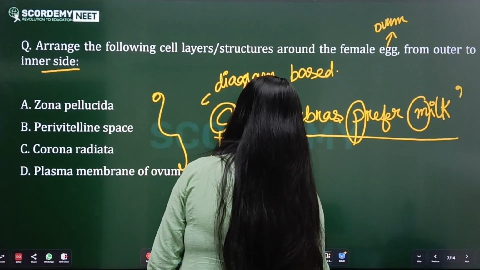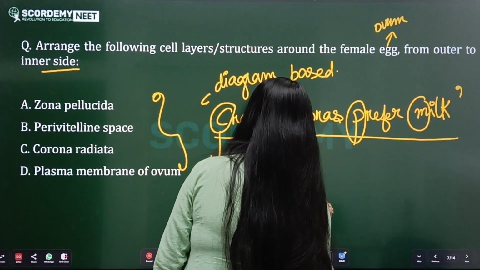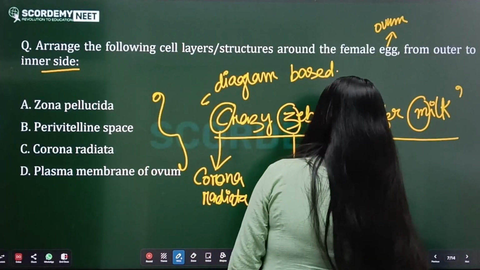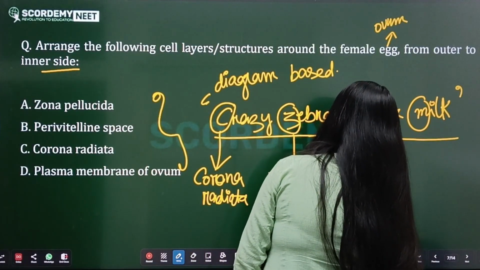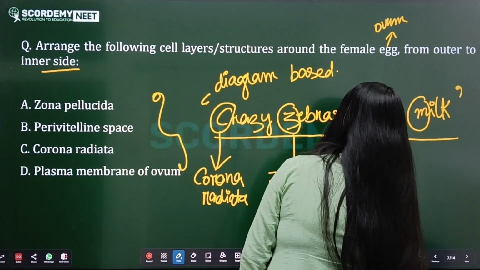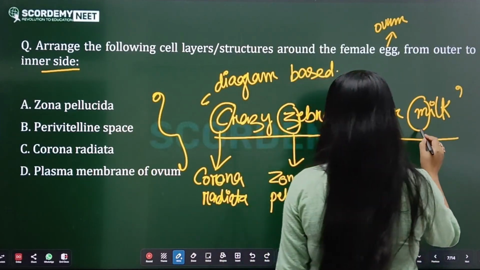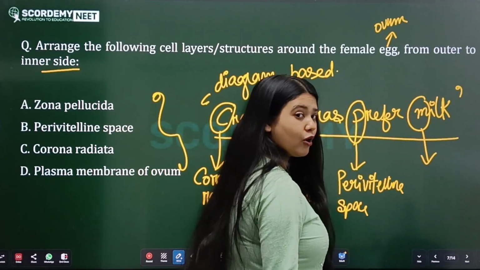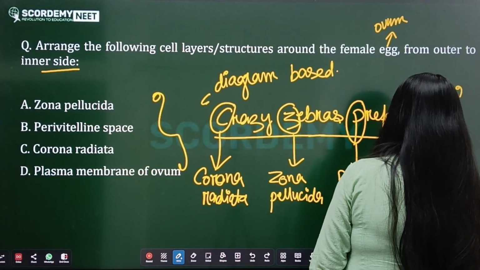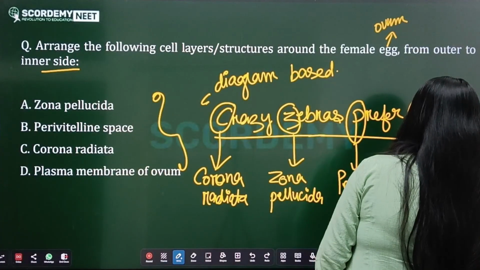Then P stands for perivitelline space. M for plasma membrane.